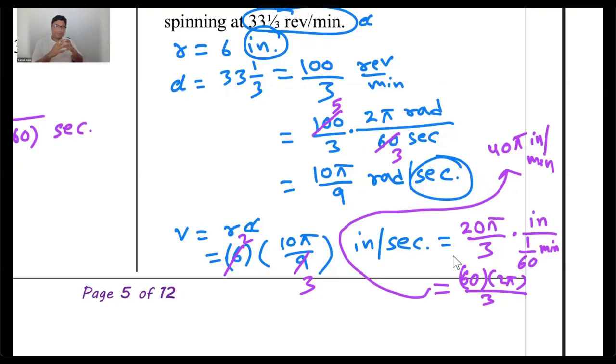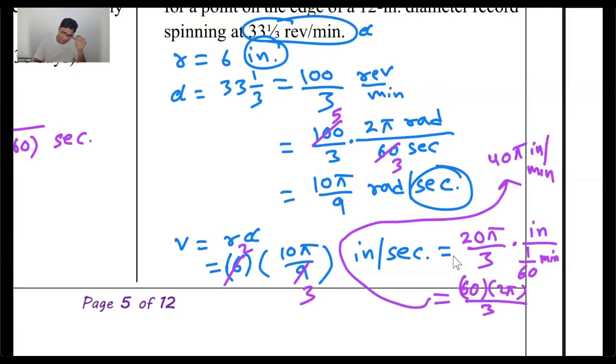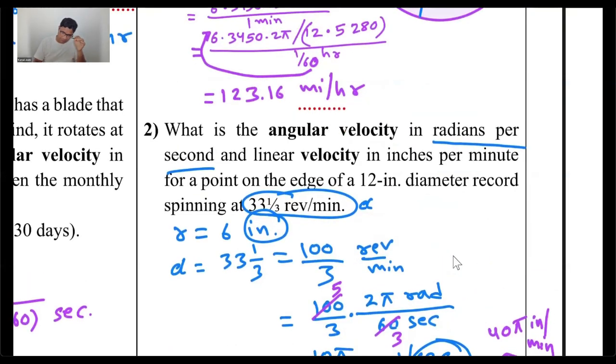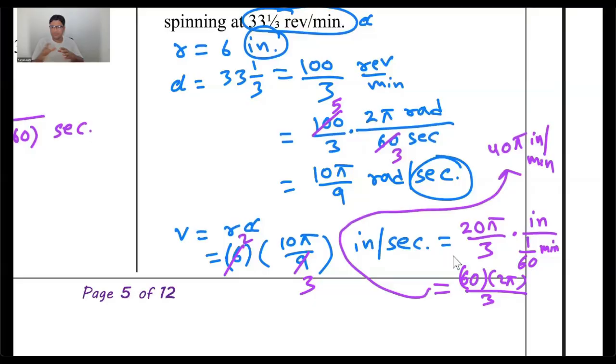And if you want a decimal value, you would plug in the value of pi, otherwise you can leave it at that.